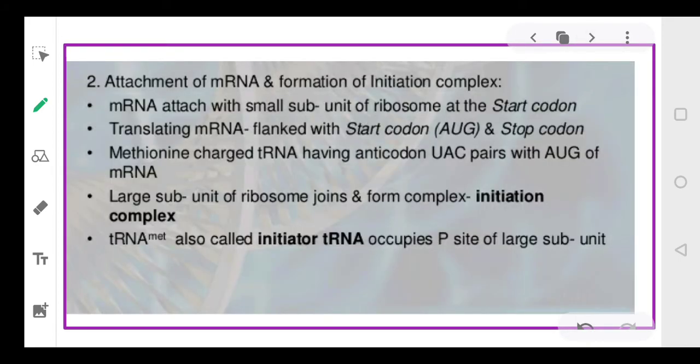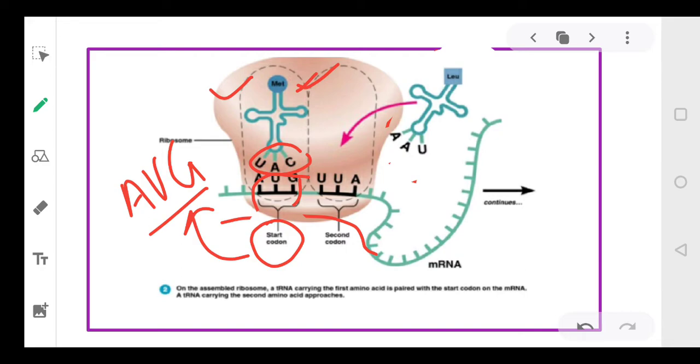So this is the attachment of mRNA and the formation of initiation complex, which we have just discussed. Your initiation codon will bind with the anticodon present on the tRNA, and to this the amino acid will bind. So we start the process with the start codon.